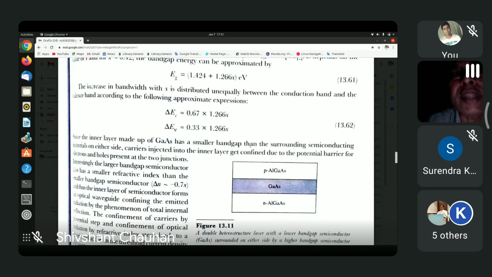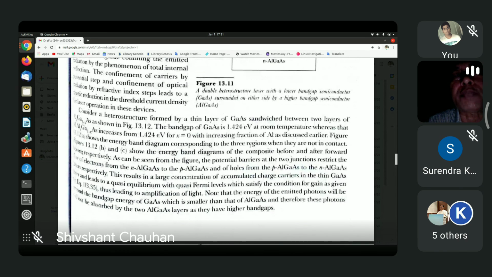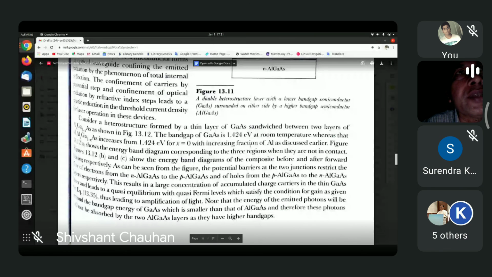I think this is the last page, right? Yeah, I think this is the last page. So we stop here because we have more or less covered the necessary materials.